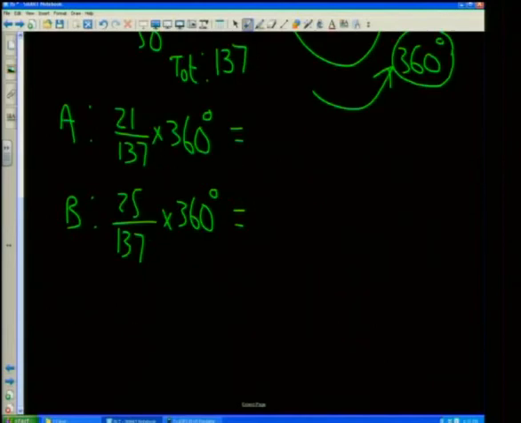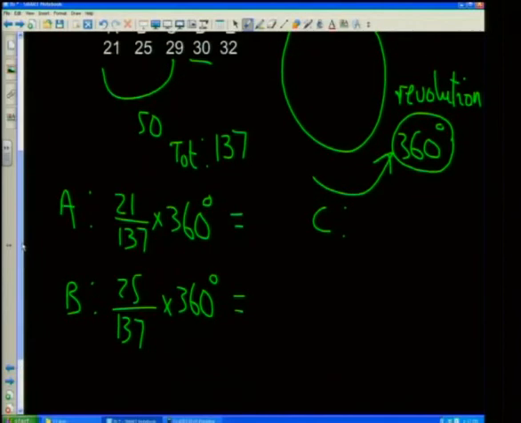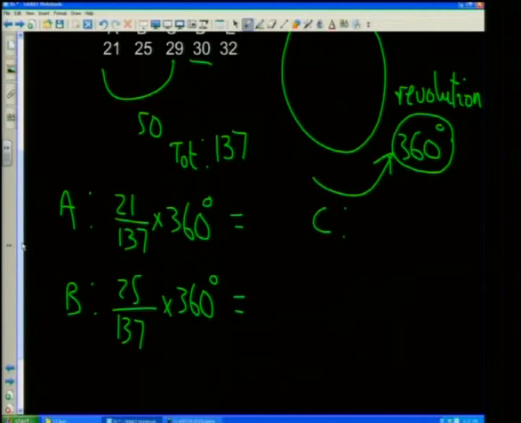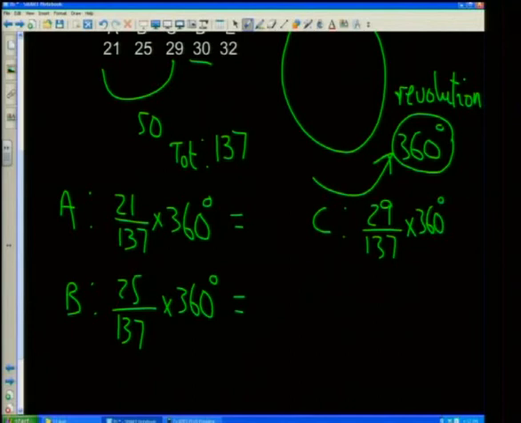If I can just work it out, say here, just to keep the same pace here. So for C, what is the value? 29. 29 divided by 137. You multiply that by 360 degrees again, and you get your degrees. And D, you're going to say 30 divided by 137.